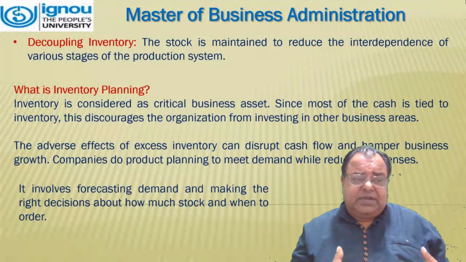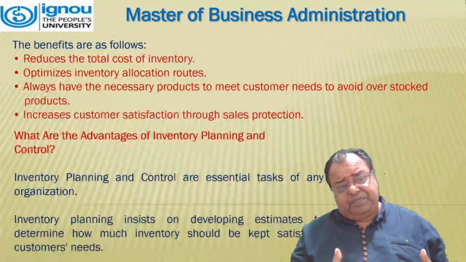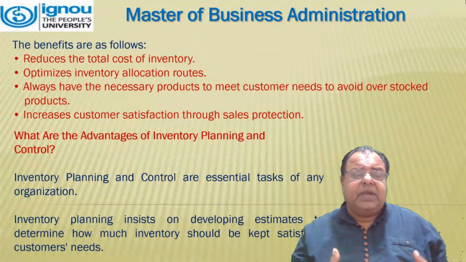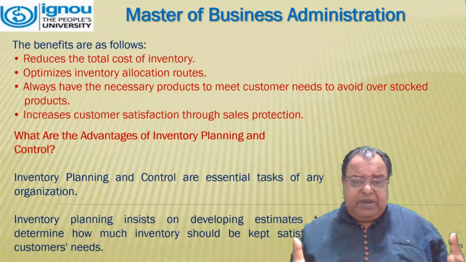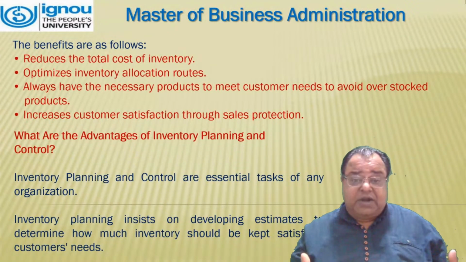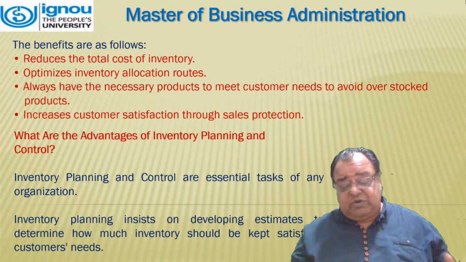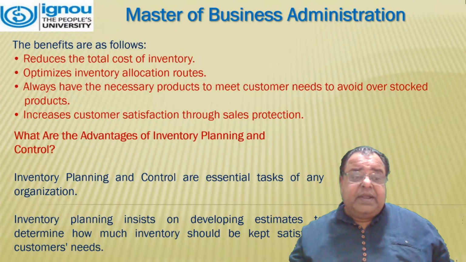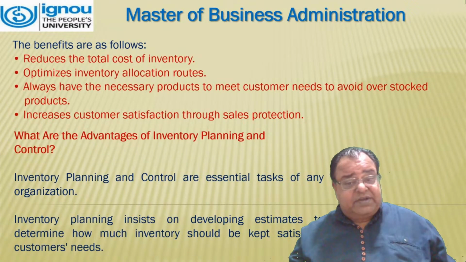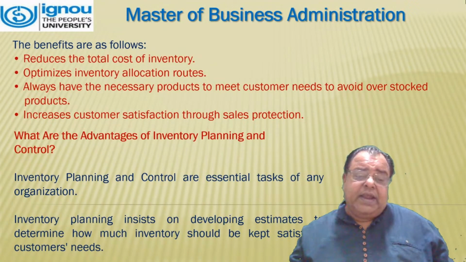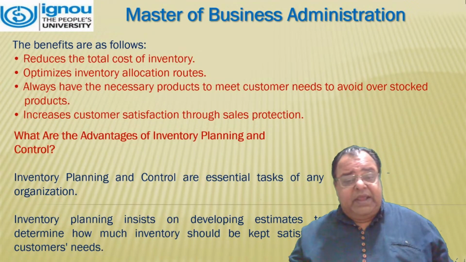The benefits of inventory planning are: it reduces the total cost of inventory, it optimizes inventory allocation routes, always has the necessary products to meet customer needs to avoid overstocked products, and increases customer satisfaction through sales protection. What are the advantages of inventory planning and control?